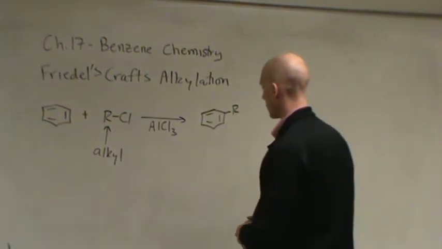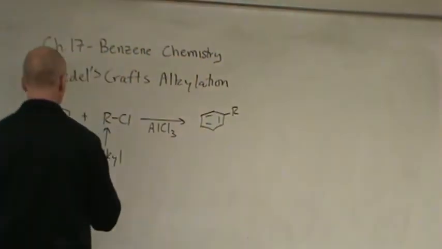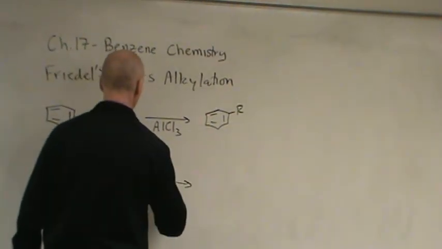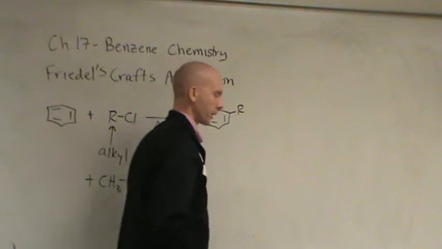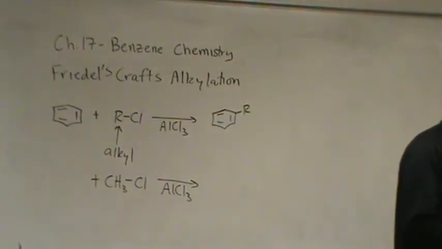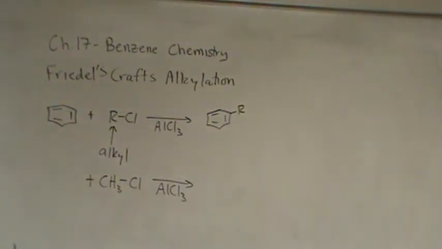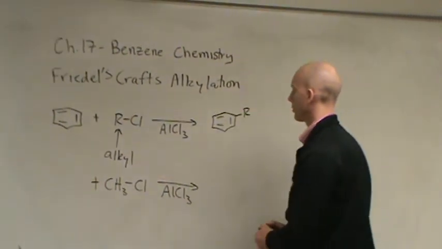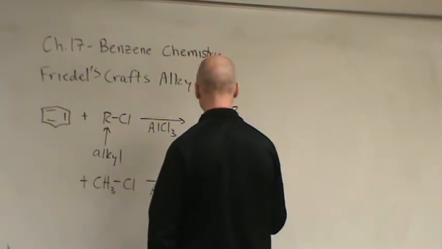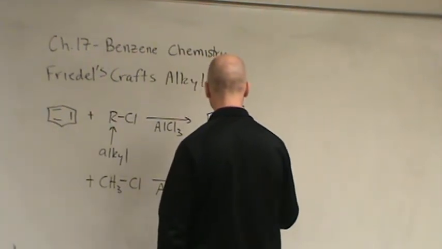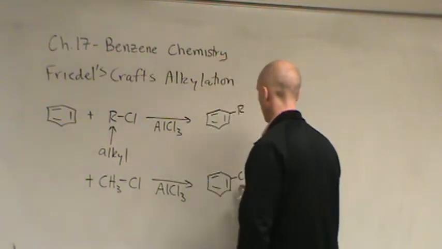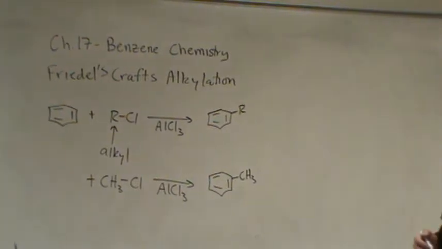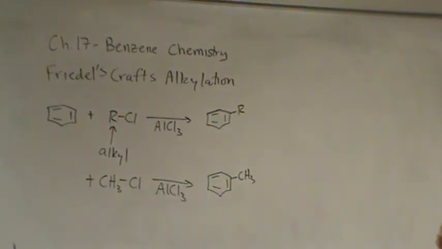So this enables us to, for example, make toluene, where now my alkyl group is simply a methyl. So now I could put the CH3 on to make toluene. Okay.